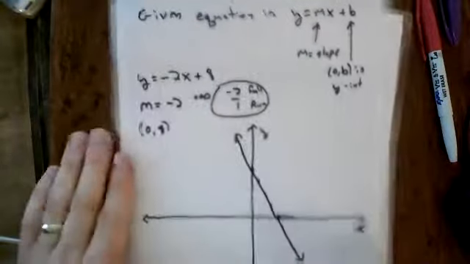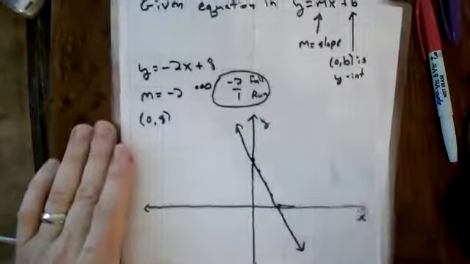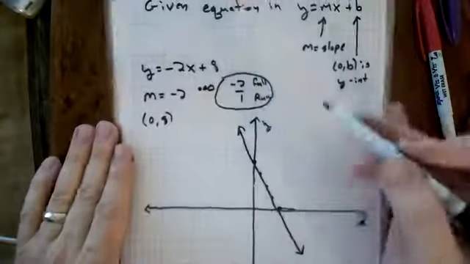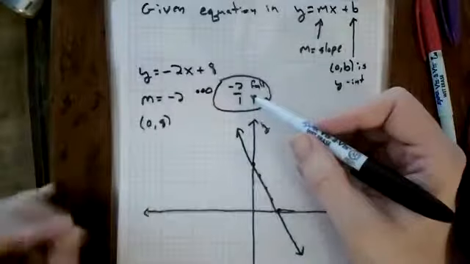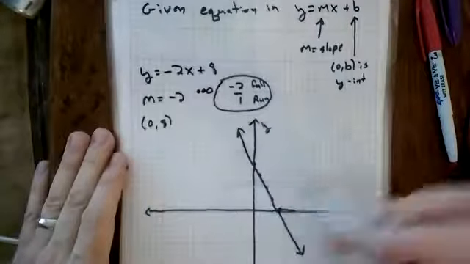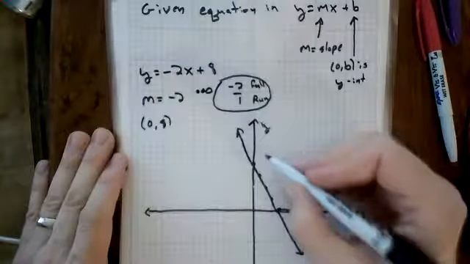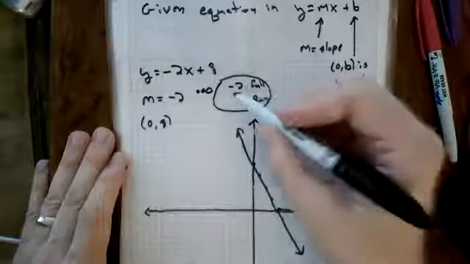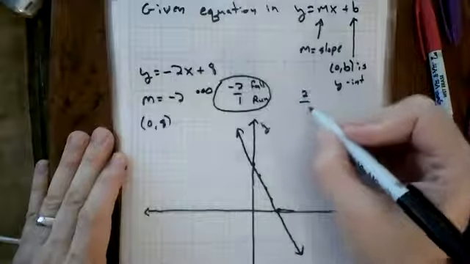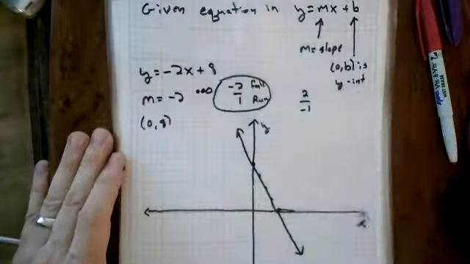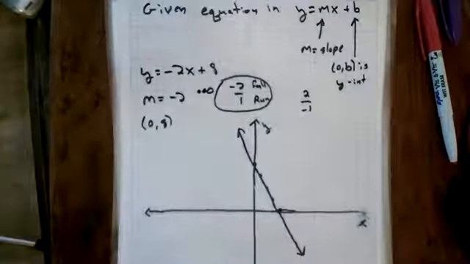Now, there's a couple things I want to note. A lot of times people will get confused about signs with this. It's like, why am I not going back 2? This slope is -2. I could technically write -2 as 2 over -1. If I do that, think about what that would mean. I would have a rise of 2.